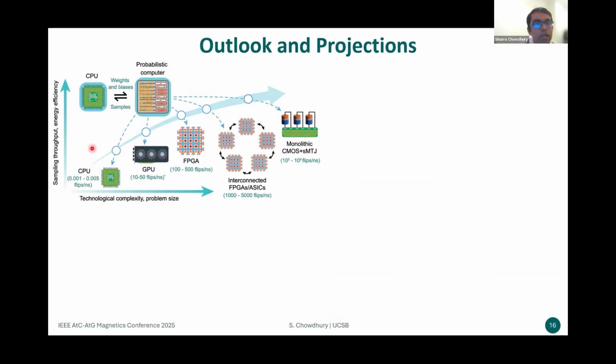You can use a CPU to emulate a probabilistic computer, you can use a GPU, you can use an FPGA, and then you can use this nano device based P computer. Each has its own pros, advantages, and challenges.